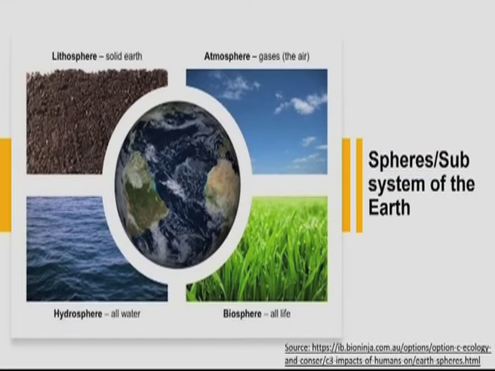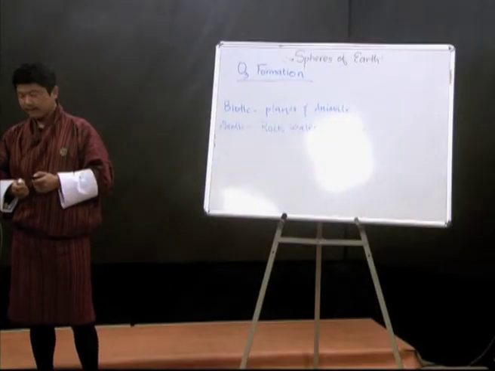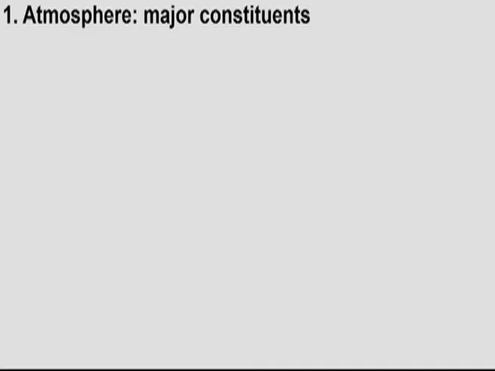So spheres of the Earth basically consist of number 1, the lithosphere, number 2, the atmosphere, number 3, the hydrosphere, and number 4, the biosphere. So these are the major spheres of the Earth, also known as the subsystems of the Earth. We will delve further into the details of each sphere.